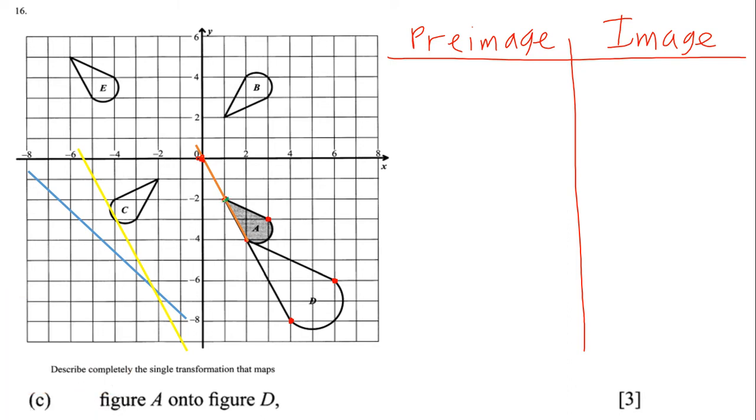So we start from the point (0, 0), that's the origin, and we're trying to get to the point in green, that's the point (1, -2). And so what is our rise and what is our run?